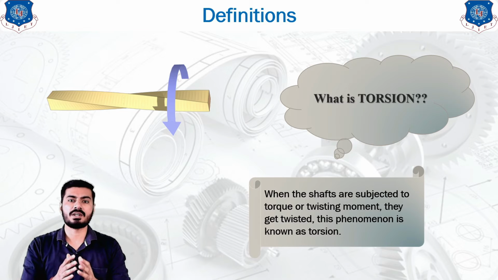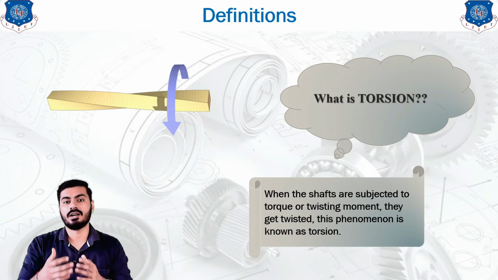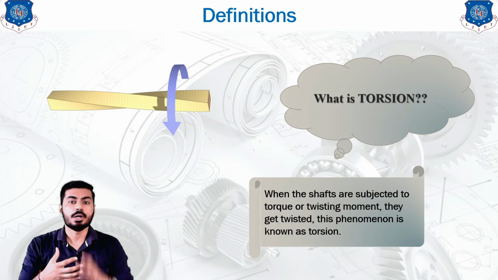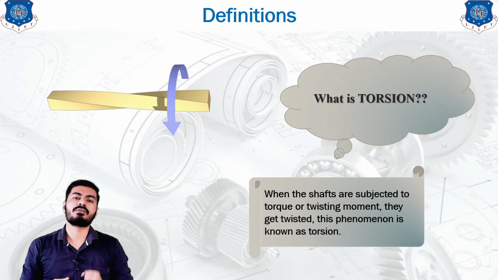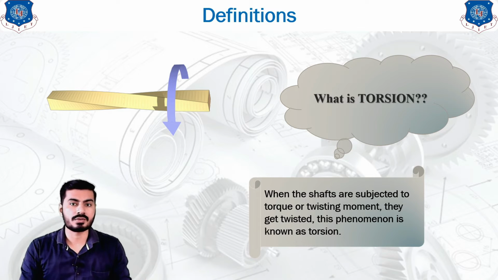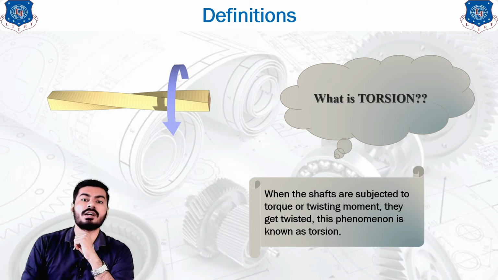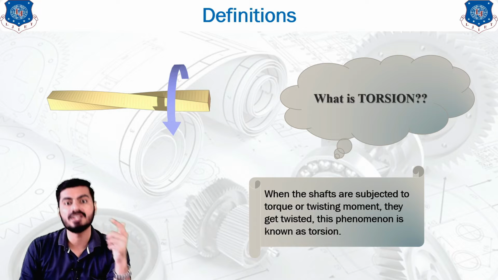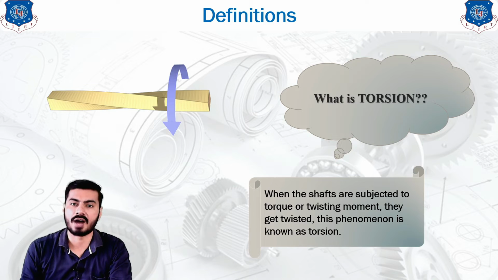Whenever we want to transmit power from one end of the shaft to the other end, there is a high probability of twisting of the shaft, and that's why we need to find out the effect of this torsion, the stress generated due to the torsion phenomenon, as well as how much stress the shaft material can carry in this condition. That's why this is very important while designing the shaft.